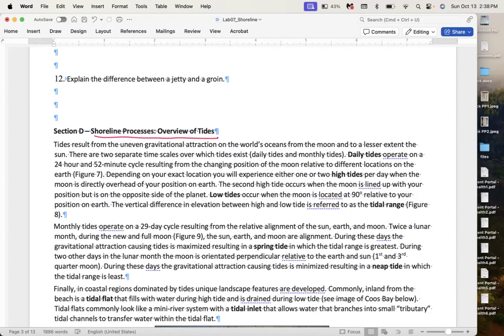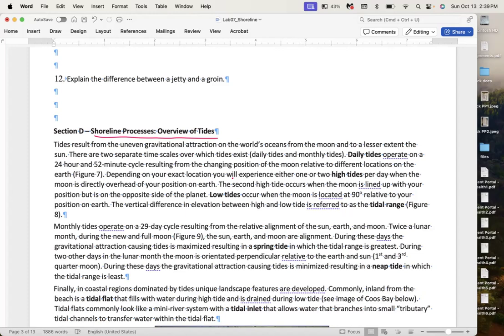So the moon has a greater influence on Earth's tides than does the sun. So the sun produces what is called a solar tide, and the moon produces a lunar tide.